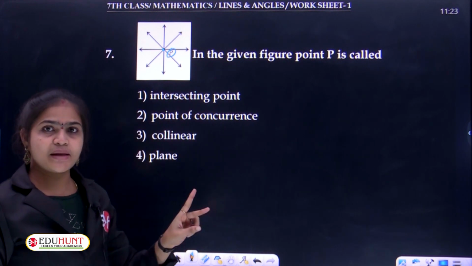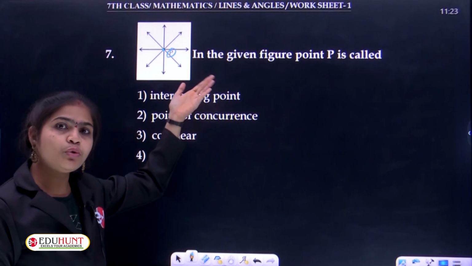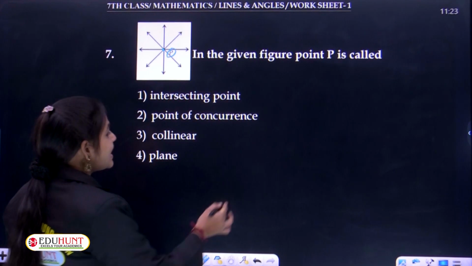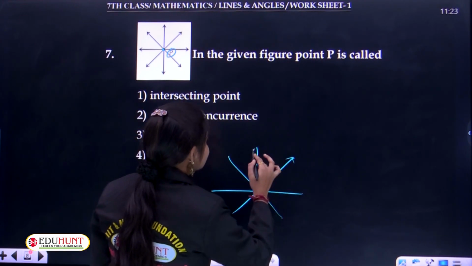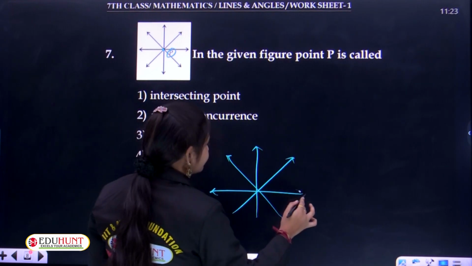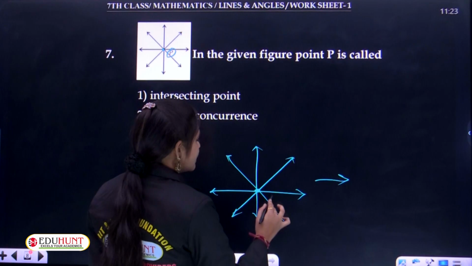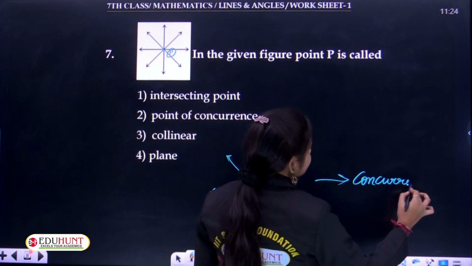If only 2 lines are there, we call them intersecting lines. But here more than 2 lines are there. More than 2 lines means what do we call them, ma? Those lines are concurrent lines. This is point P. These lines are concurrent lines.